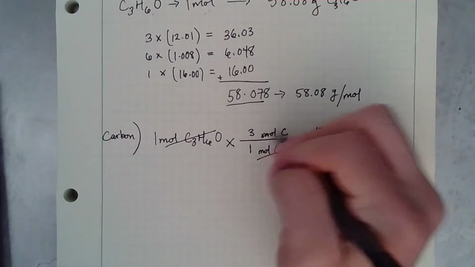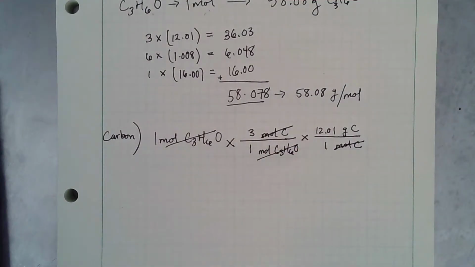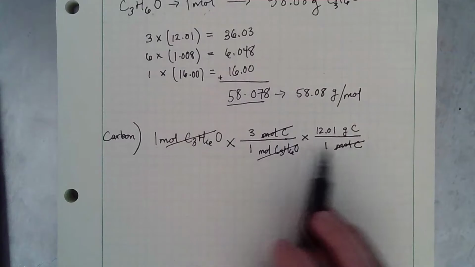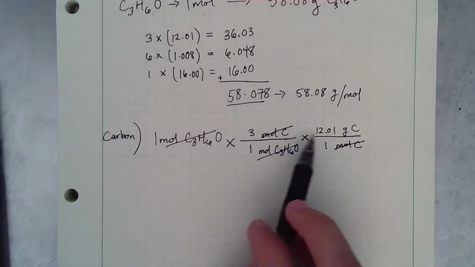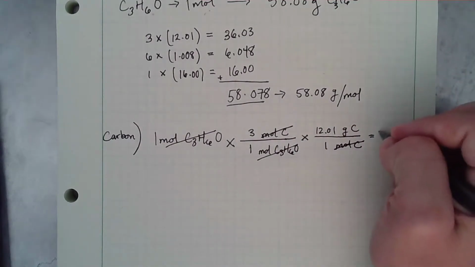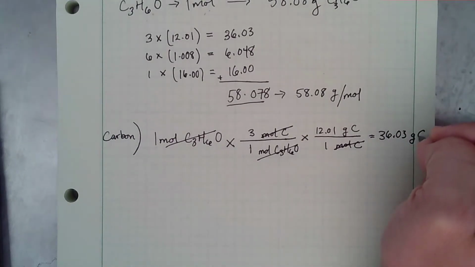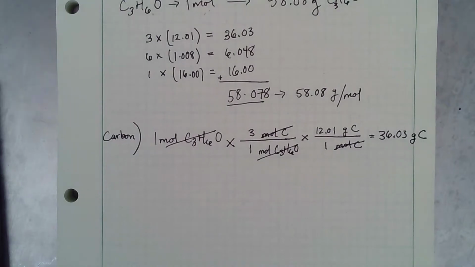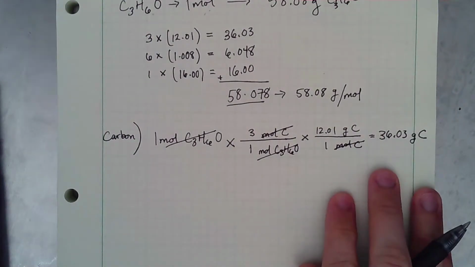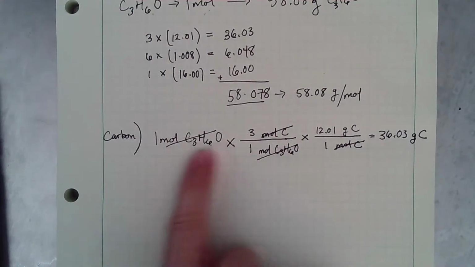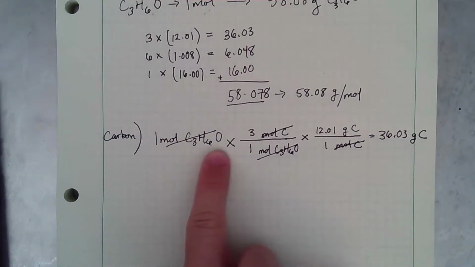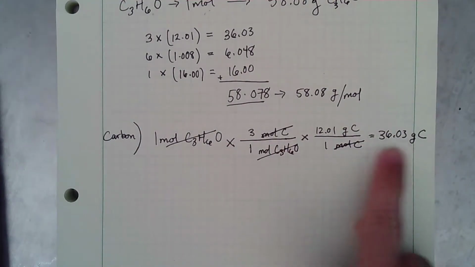Moles of carbon goes away, and this is ultimately just 3 times 12.01, which is 36.03 grams of carbon.